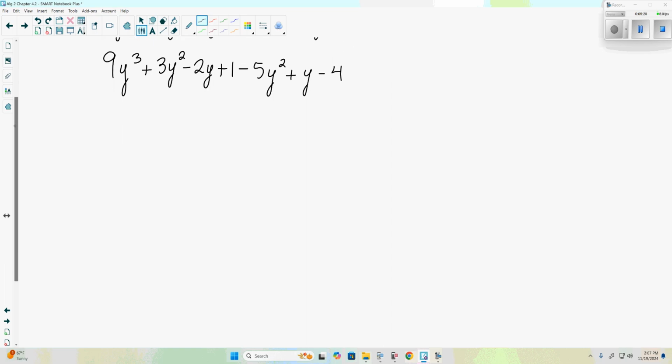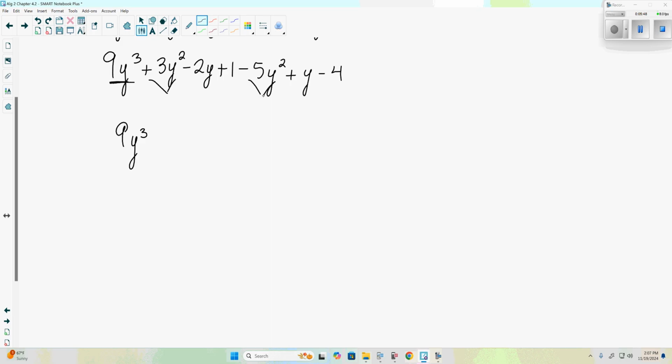Now we're going to combine like terms, and we want to keep it in standard form. So we look through and find the term with the biggest exponent attached to a variable. 9y cubed. Does it have any like terms? Nope, so it's still going to be 9y cubed. Which means our next set of like terms is our y squareds. So we have 3y squared and negative 5y squared.